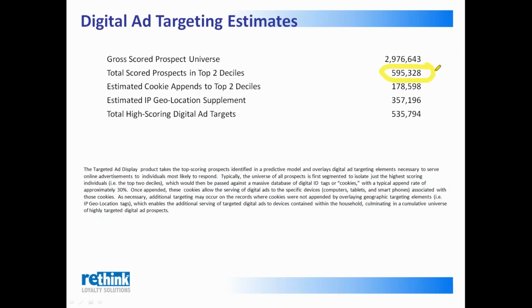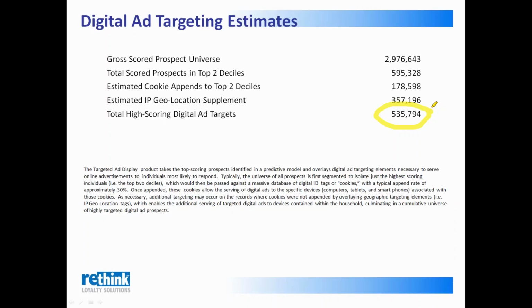And if we wanted to serve targeted digital display ads to them, then we would end up with cookies appended to about 40% of those, or 178,000, and then we would backfill with address level ad serving, what we call IP geolocation. And so the culmination is there would be about 535,000 highly targeted prospects to whom we could serve ads.